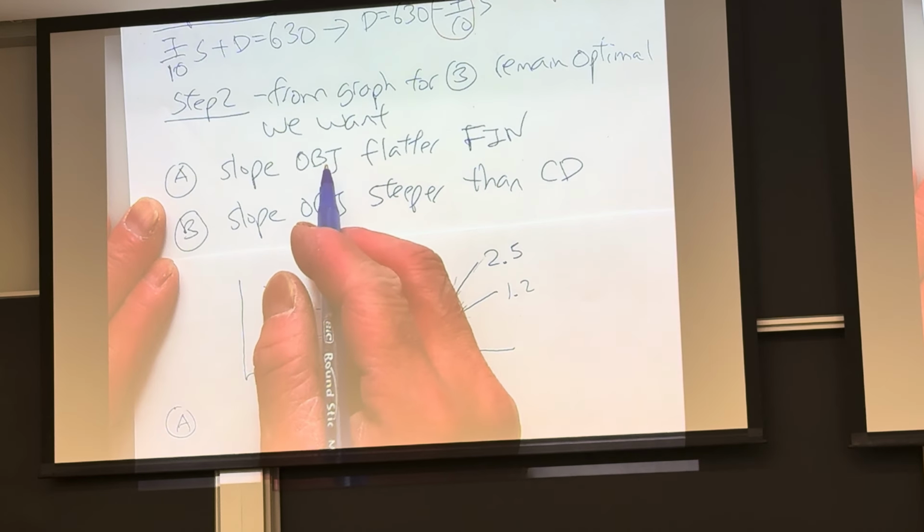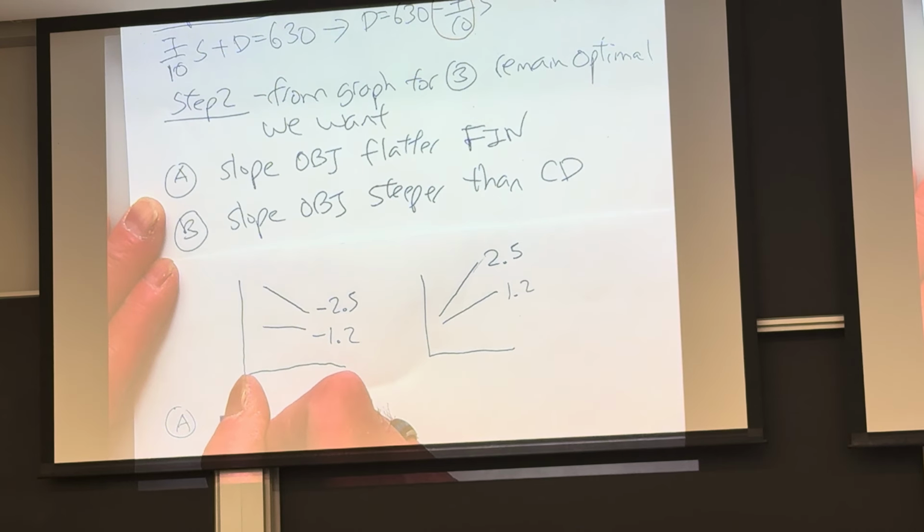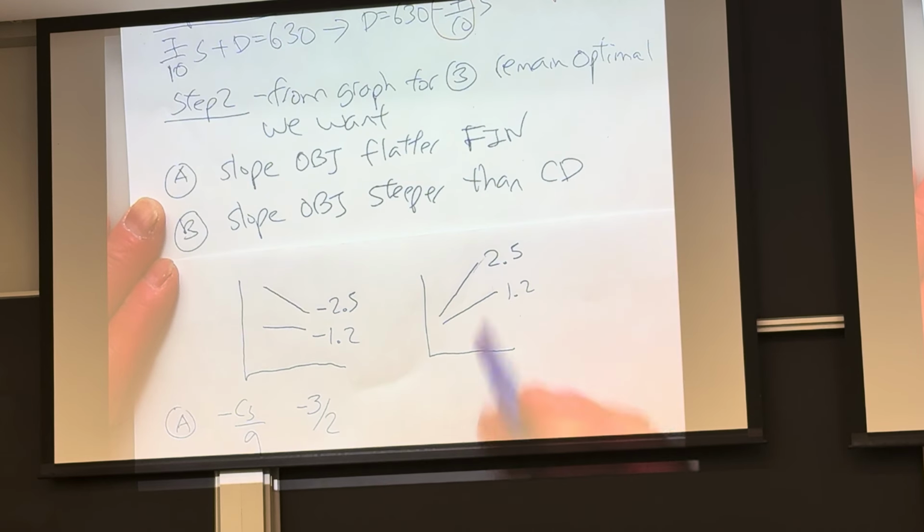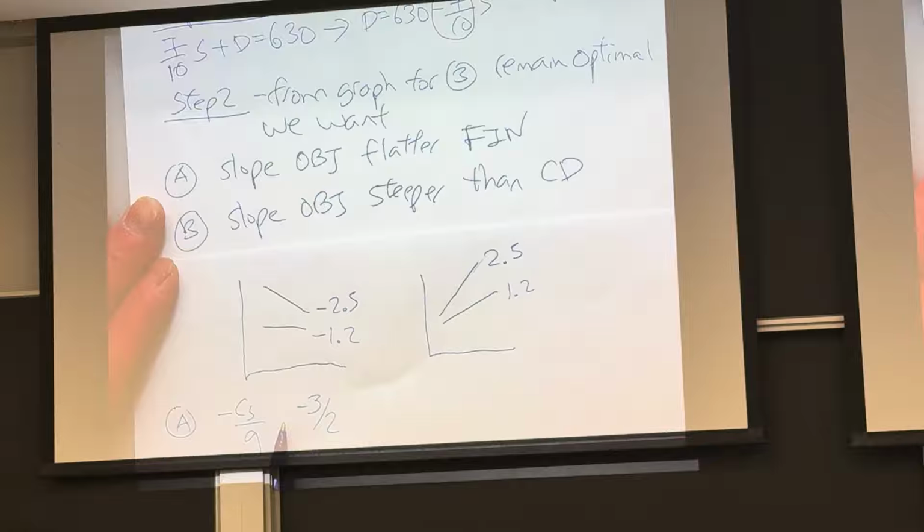So for A, we want objective flatter than finishing. Objective is minus CS over 9. Finishing is minus 3 over 2. We want flatter, so greater than or less than? Less than is incorrect. This is flatter than this, so this number is bigger than that.